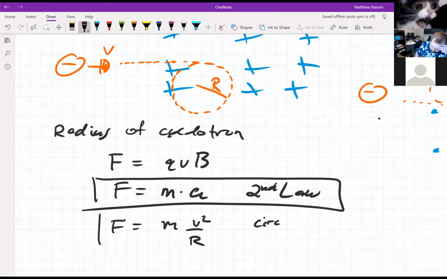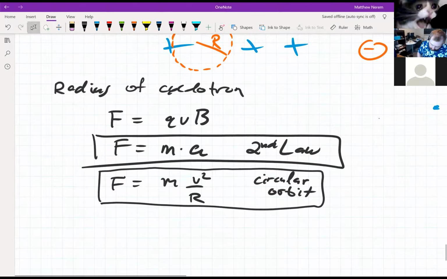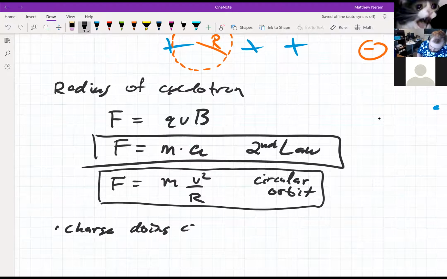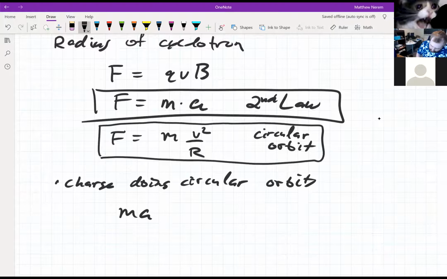For circular orbits, you get acceleration is V squared over R. Right? So charge is doing circular orbits. What do you find? You find that mass times acceleration is QVB.